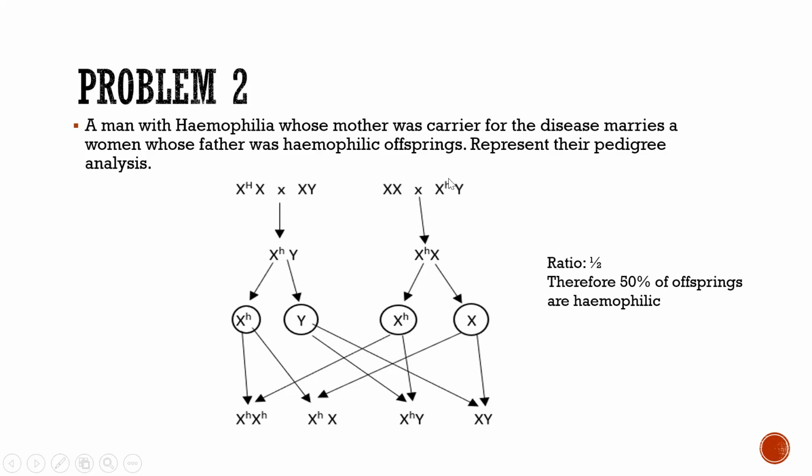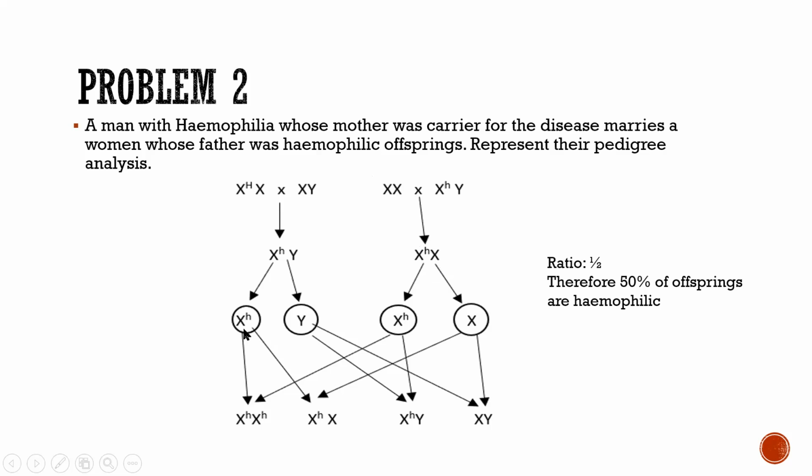He is going to contribute this X chromosome during reproduction, because of which the female is a carrier. This is an indirect question where we have to understand that the female who is going to marry this affected male is a carrier.